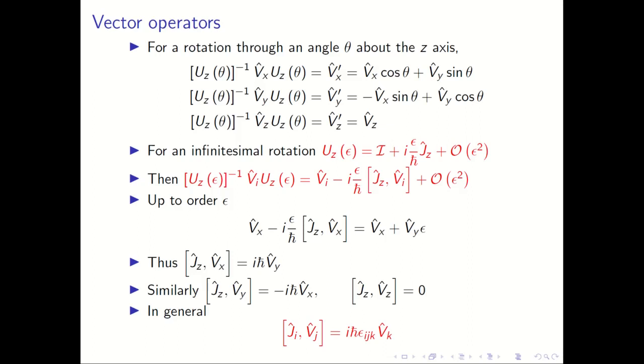It's a matter of taste whether you take the behavior under rotations to be the defining property for vector operators, from which you derive the commutation relations, or these commutation relations as a defining property from which you actually can reconstruct, via the Baker-Hausdorff lemma, these rotation operator properties for finite angles. Whichever one you use, the other one can be derived from that.